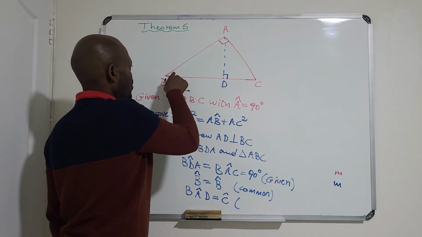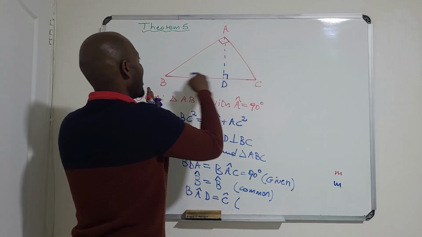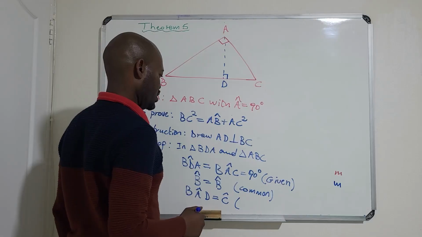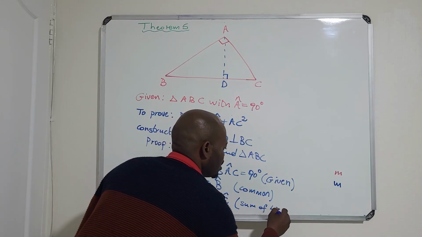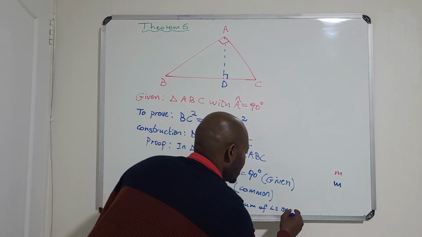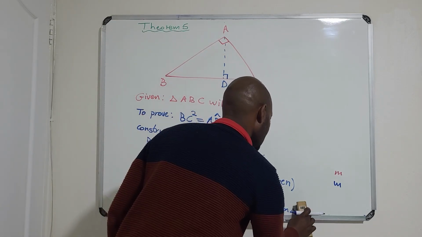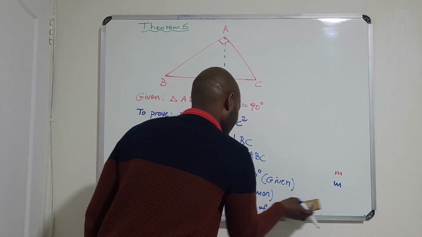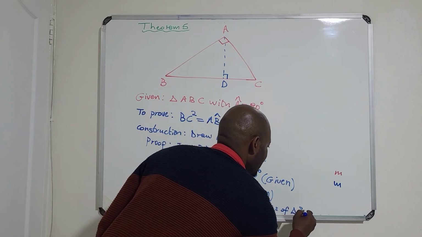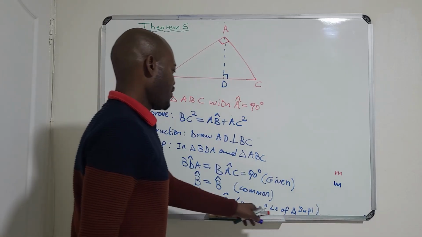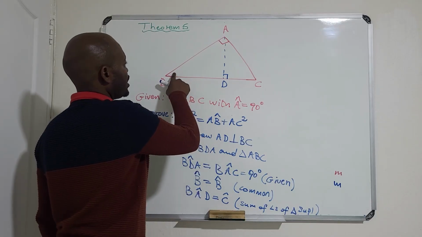Since we know that this angle is equal to this angle, which is equal to 90, the last angles in these triangles will be equal, obviously, because the sum of angles of a triangle are supplementary.